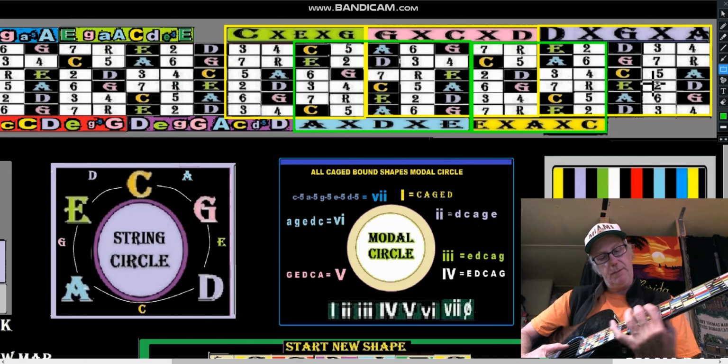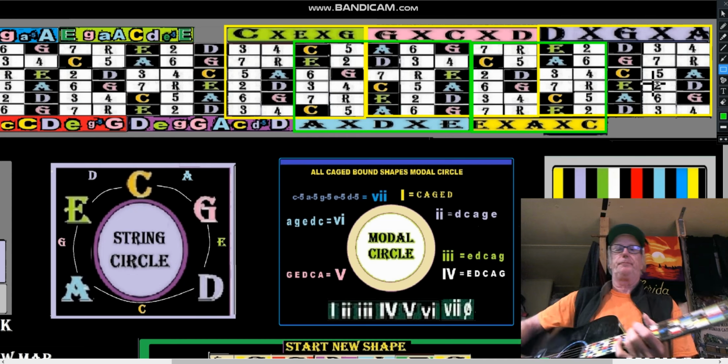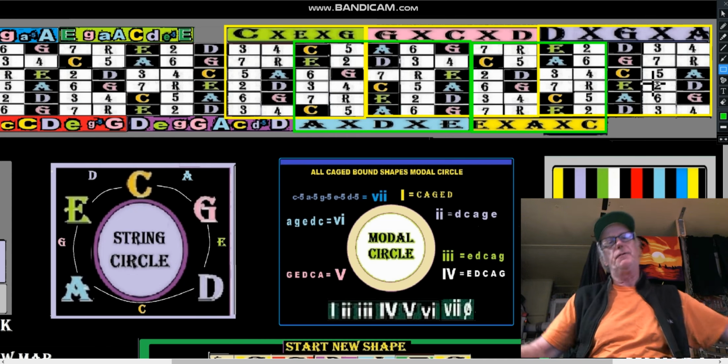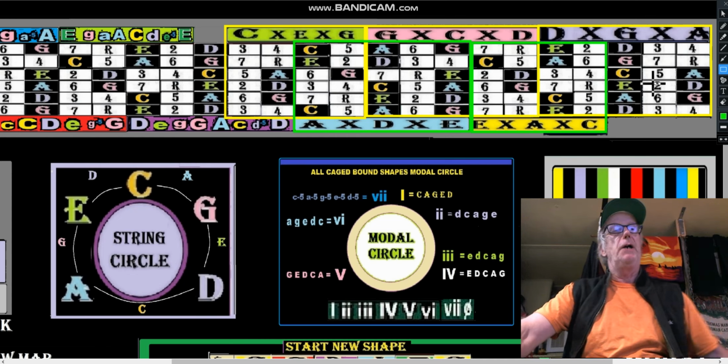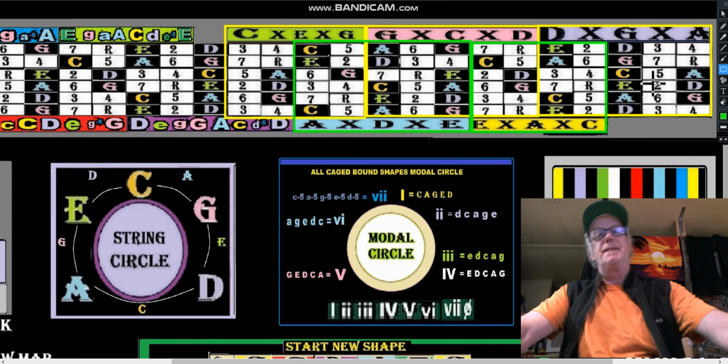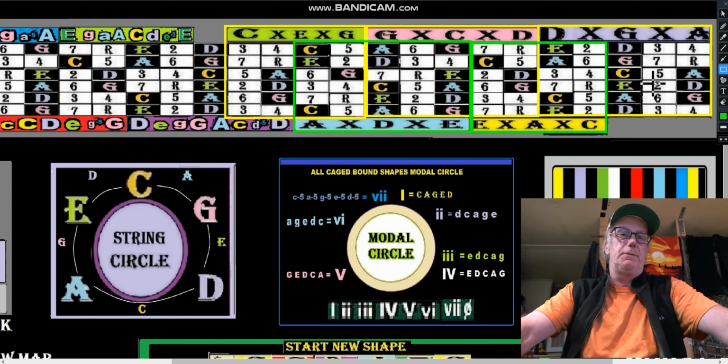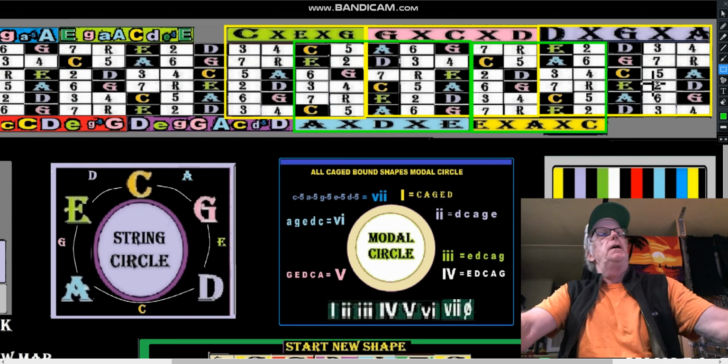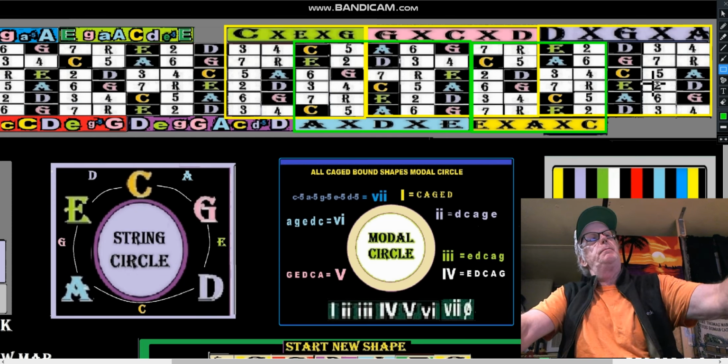There's the E shape, and there's the G shape. And you've got to watch out for that minor third when you're doing the ascending scale, which is CAGED backwards. So you go from the E shape here, to the G shape.